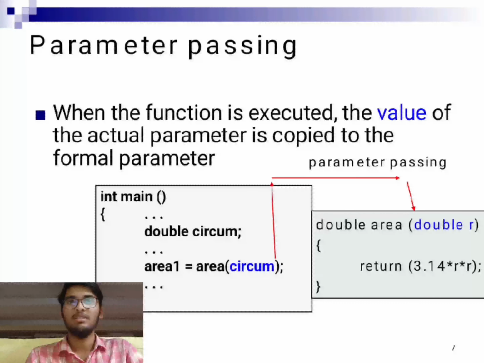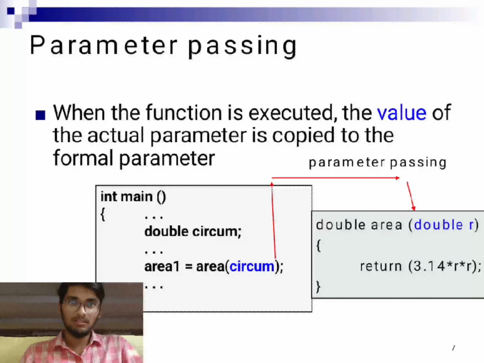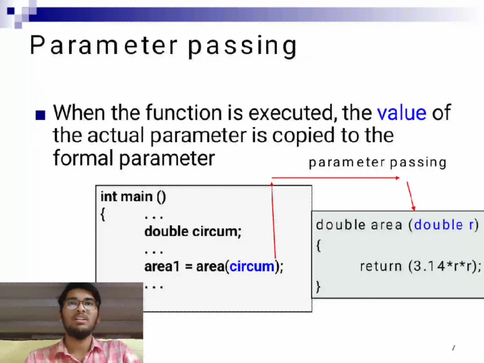Int main, double circum, and here the area is assigned the value of function circum of r. The parameters passed are saved in double area. Like this, we can pass parameters in functions.